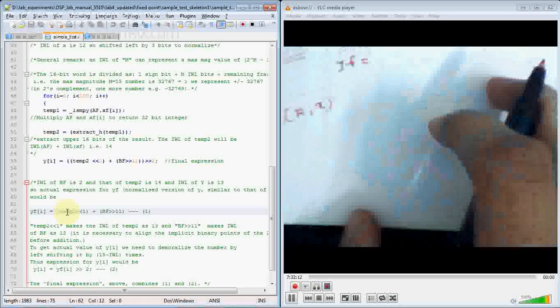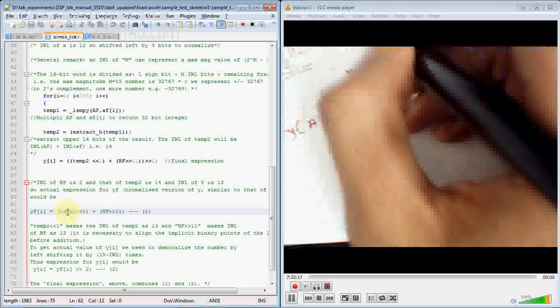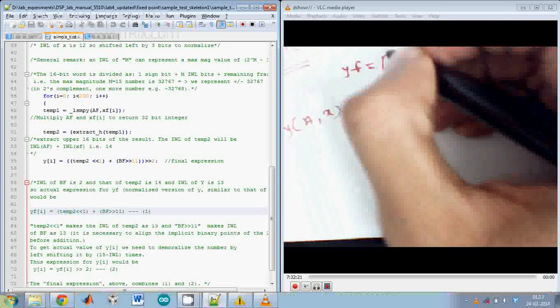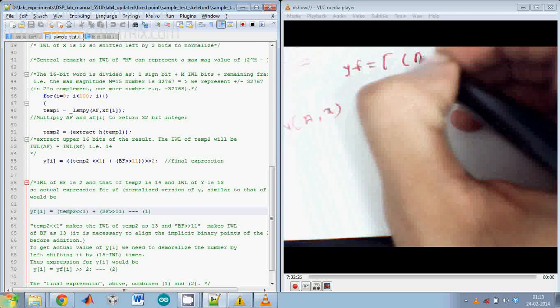Whenever I write f in front of any variable, take it as normalized to a 16-bit signed integer.